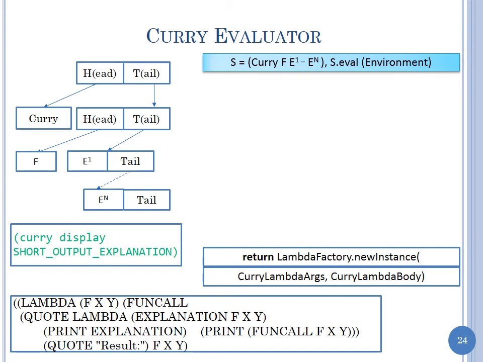What I have is a bunch of expressions from E1 to En. Somehow they are used to derive the curry lambda args, right? So in this example here, I have result, and based on that I'm supposed to go and provide fxy. And how do I determine these variables?